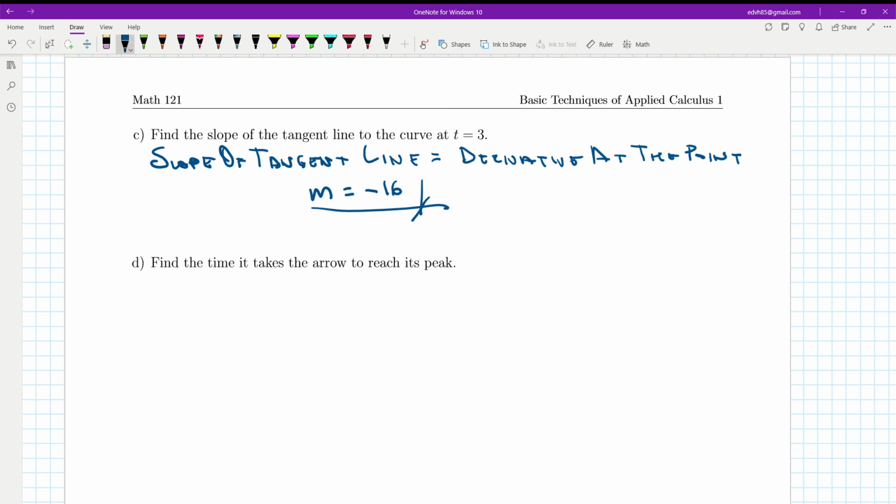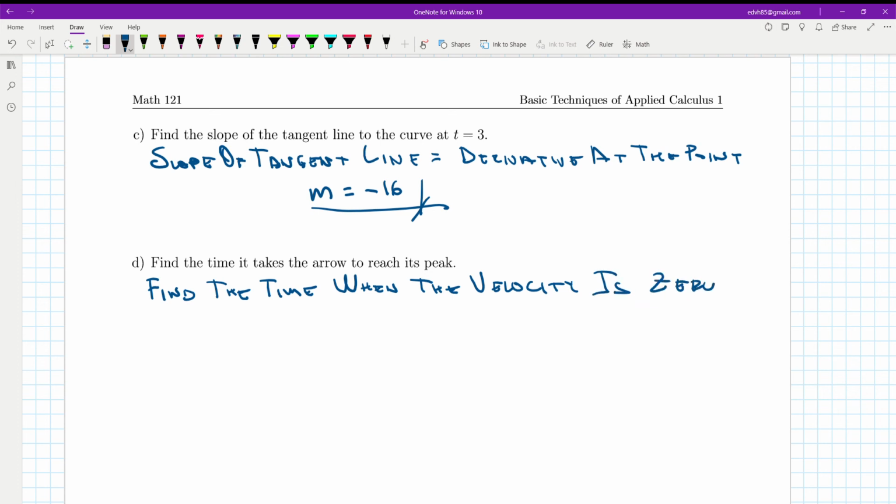So, in words, find the time when the velocity is equal to 0.